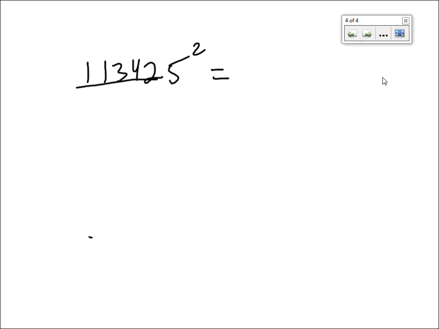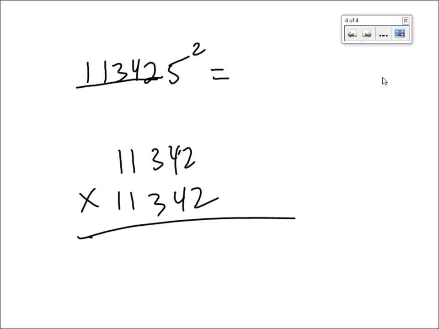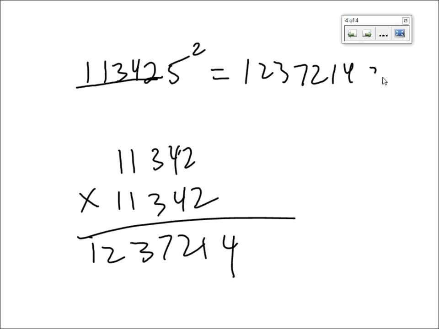Well, what you can do with pencil and paper is to just multiply these two numbers. I don't know what you get. Please make believe you get 1237214. So then you write down the answer is 123721425. And you save 10 multiplications.